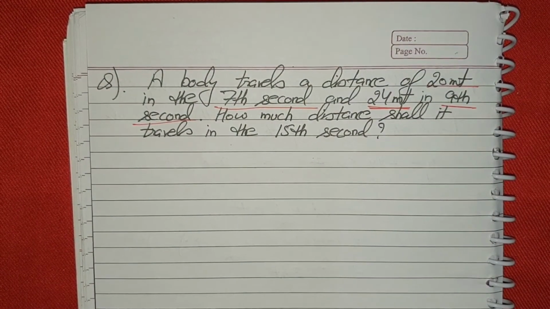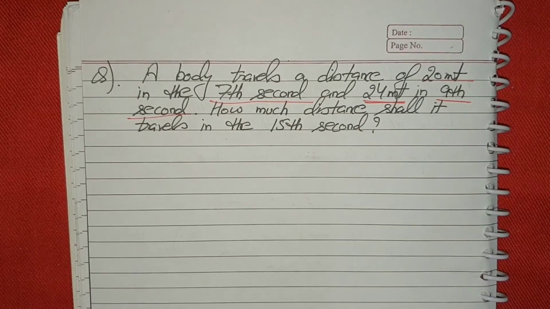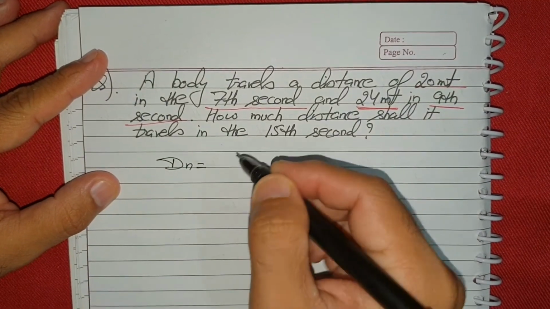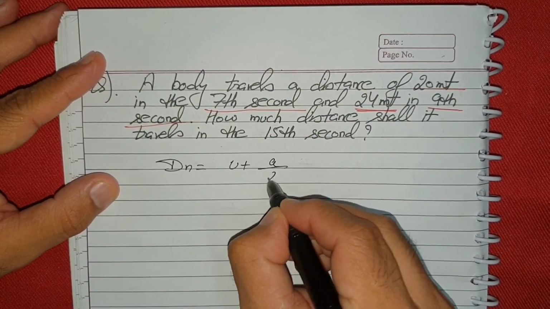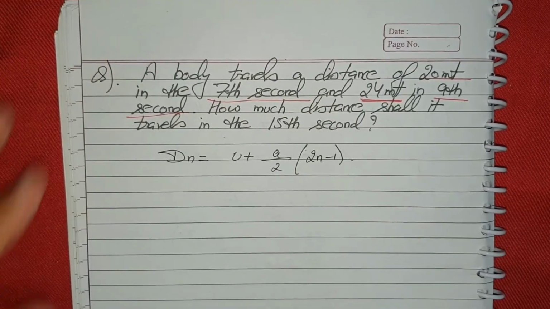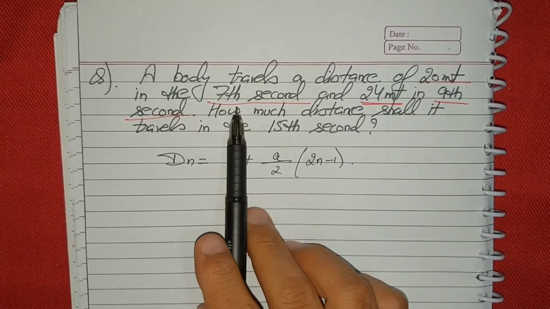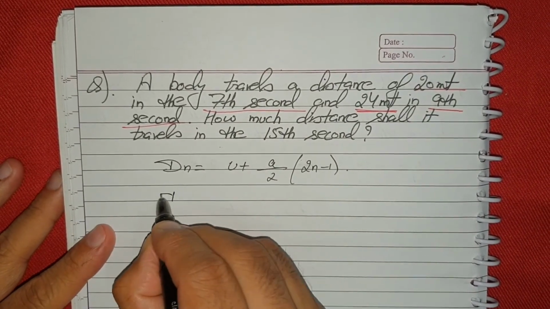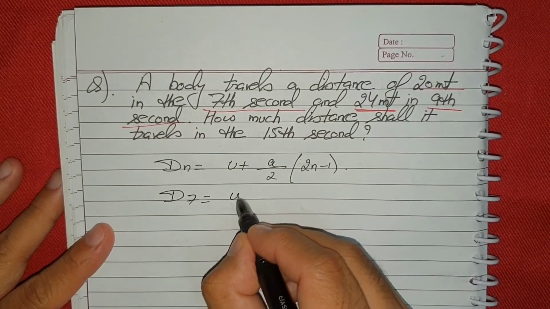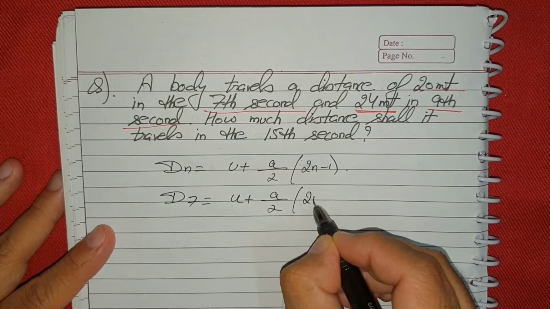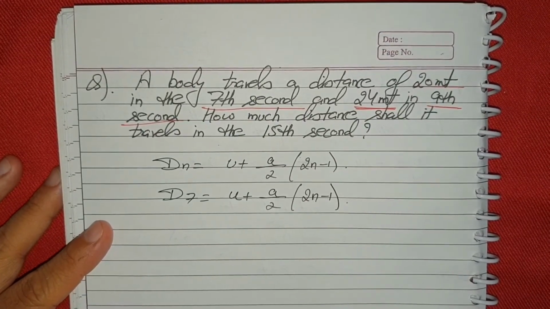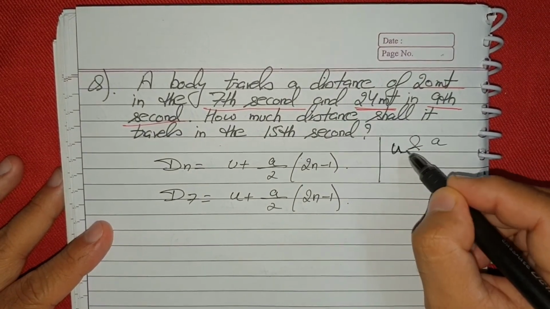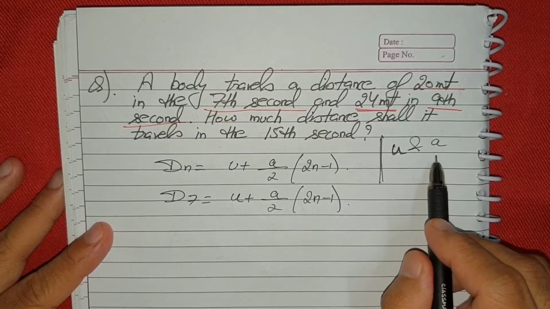So we have to find for the 15th second. First of all, just write whatever is given to us. See, we know the formula, dn is u plus a by 2, 2n minus 1. Now d7 is given to us, d7 is 20 meter. We have to find initial velocity and acceleration, u and a.